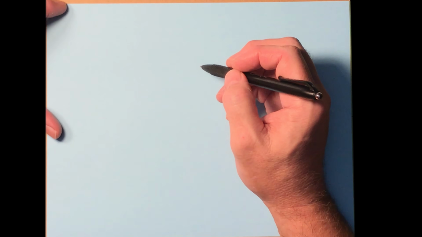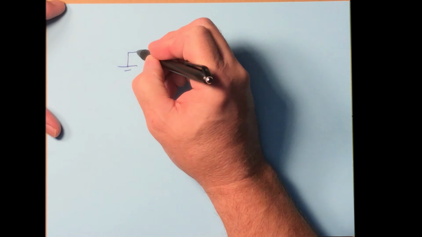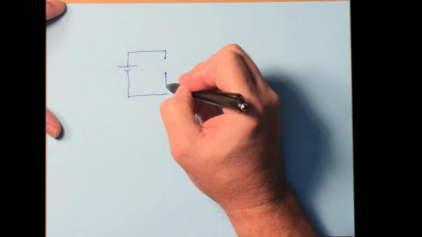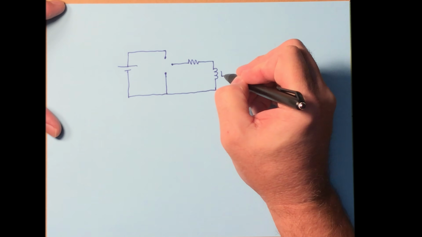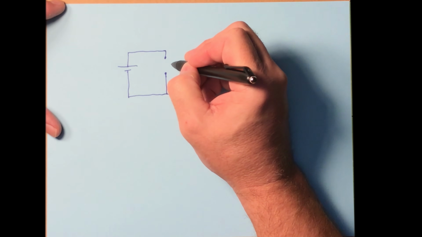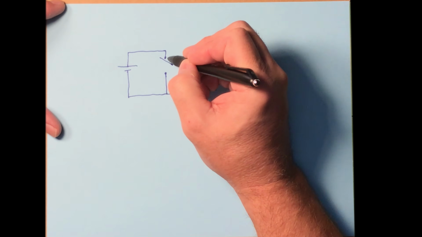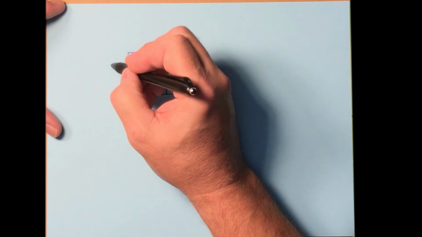So we'll have a decaying current in this case, and let's set it up this way. Here's the battery. So there's our inductor, here's our resistor. Now we have a switch, and the switch can be either up or down. So let's call this the A position and this the B position.